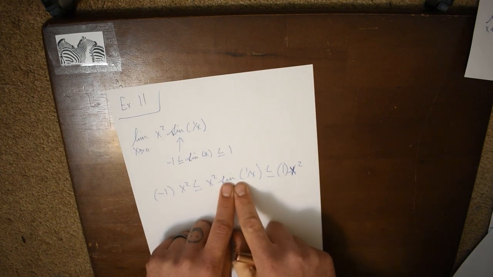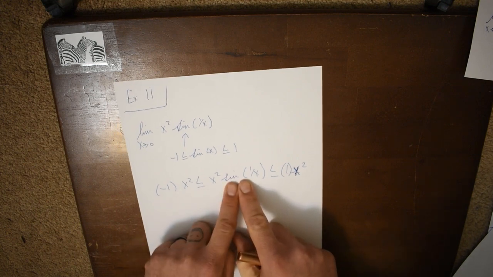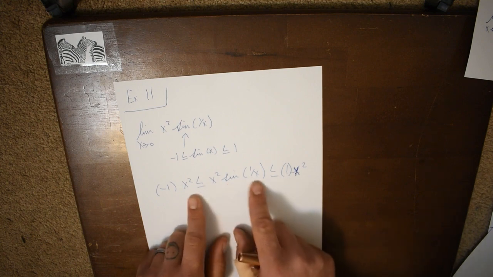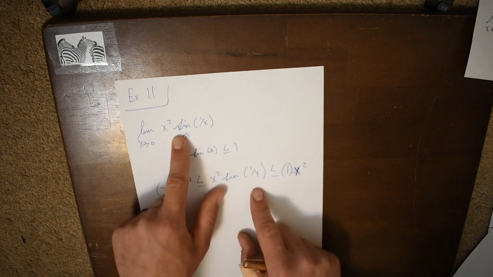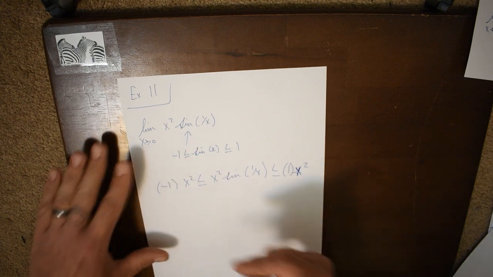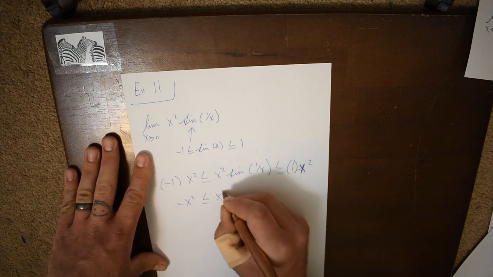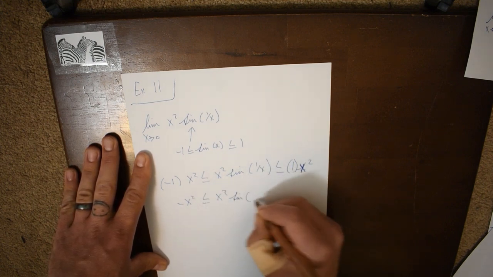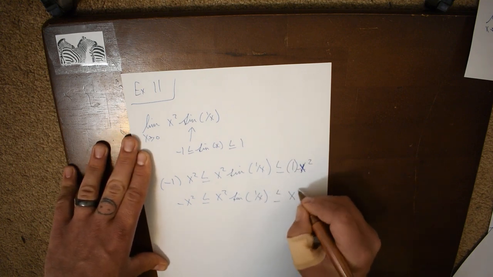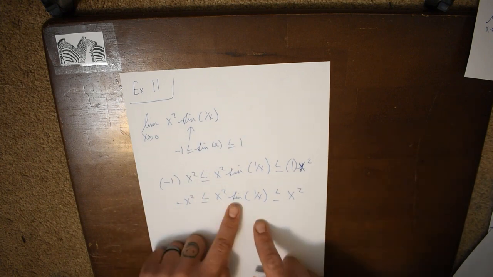So the smallest value sine of 1 over x can have is negative 1, and the biggest value sine of 1 over x can have is positive 1. So this thing, x squared sine of 1 over x, is bounded from beneath by a negative x squared, and from above by a positive x squared.